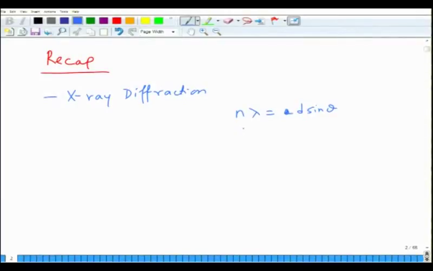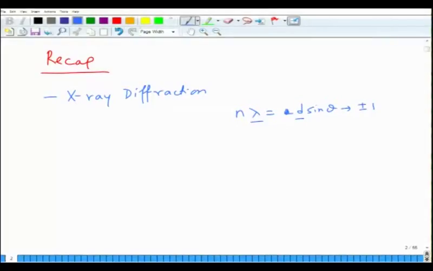The condition n lambda is equal to 2 d sin theta, or d sin theta in Young's experiment, tells you that lambda and d should be comparable, because sin theta cannot be more than plus or minus 1. So to get diffraction effects from crystals, you need radiation whose wavelength is comparable to the lattice spacing, and that is where X-rays were useful after they were discovered.